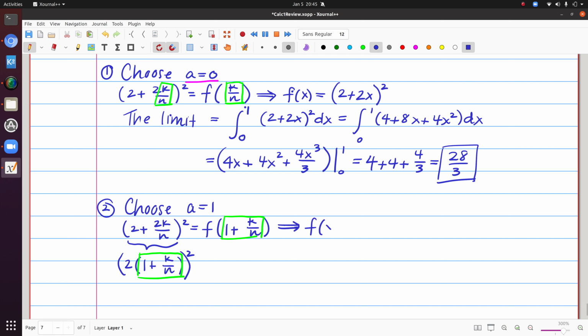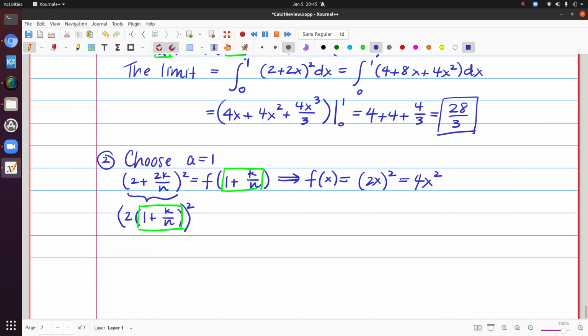So this function would actually be f of x equals 4 times x squared. So I would also be able to say that the limit that we started with is equivalently equal to the integral of 4 times x squared. But importantly, my bounds are different. Here we chose a to be 1.